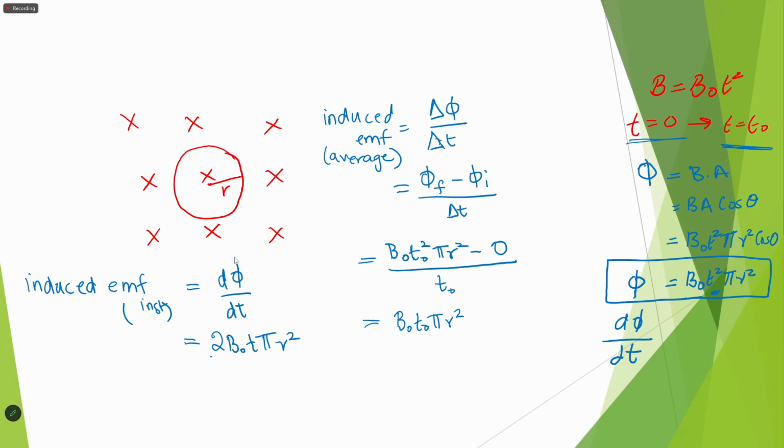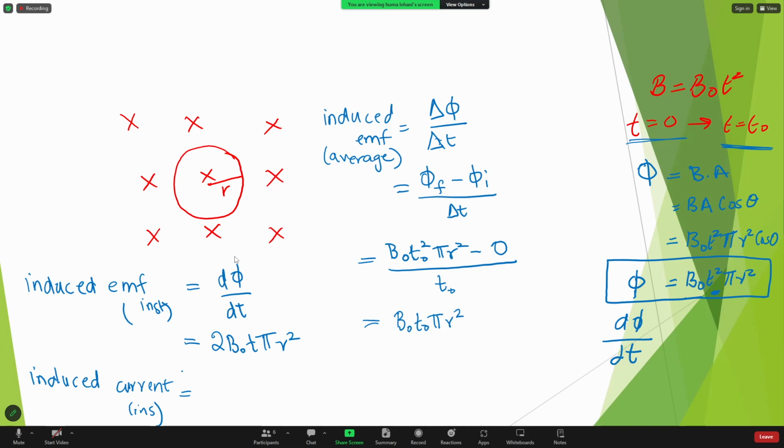Now let's find the induced current, and I will do instantaneous first. To find induced current, we are just going to take this EMF and divide it by the resistance, right?